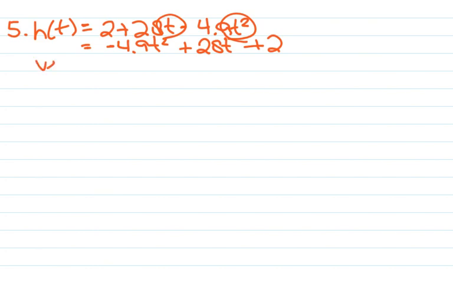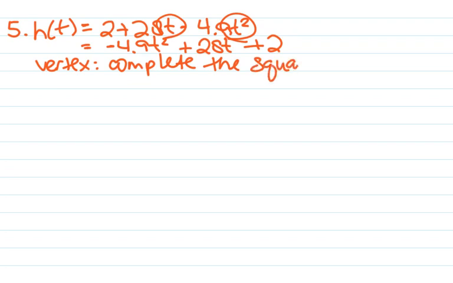So in order to find the vertex, I'm going to complete the square. So I'm going to start by taking out my a value. 28 divided by negative 4.9 is negative 5.71. And then I'll leave that 2 outside of the bracket.